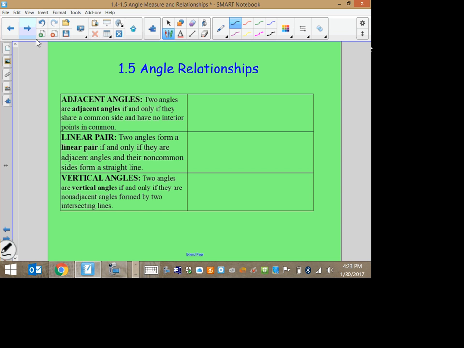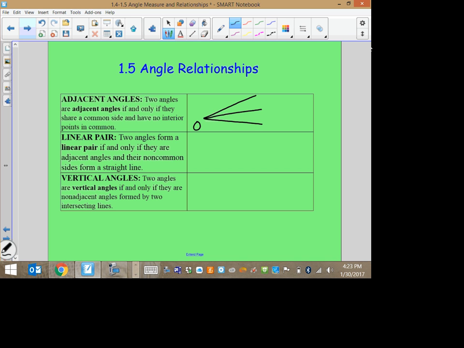So moving on to section 1.5 in angle relationships. First, we're going to talk about adjacent angles. Two angles are adjacent if and only if they share a common side and have no interior points in common. So adjacent angles are going to look like so.